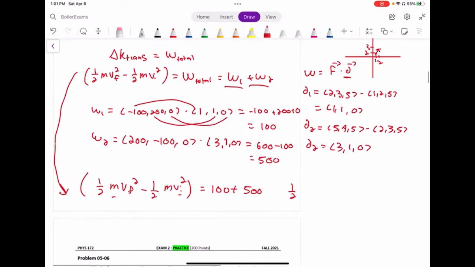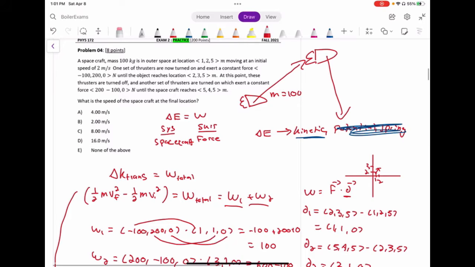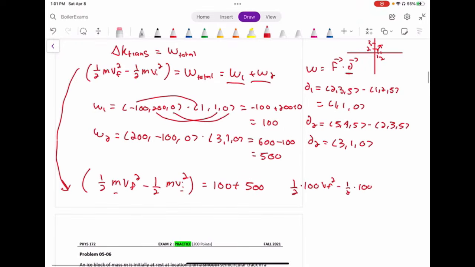What's our mass? 100? Yeah, okay. Half times 100 vf squared minus half times 100. What's our initial velocity? Initial velocity is 2 times 4 equals 600. So 50 vf squared minus 200 equals 600. vf squared equals, what's 800 divided by 50?